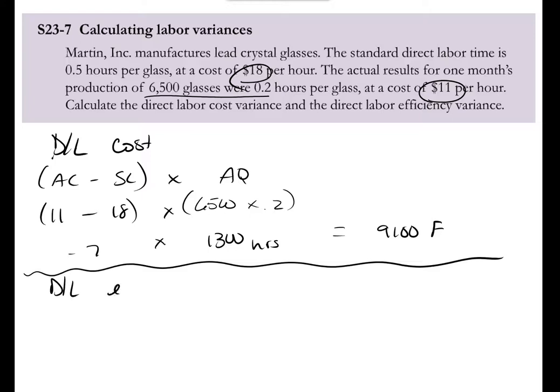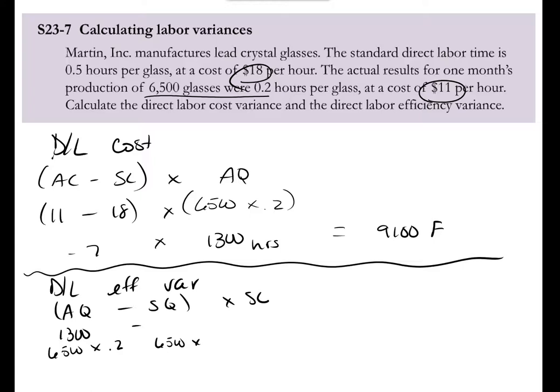For the direct labor efficiency variance, I've got the actual quantity minus the standard quantity times the standard cost. So I just said the actual quantity was 1,300 hours, right? Which is the 6,500 glasses times 0.2, minus the standard, which is 6,500 glasses times 0.5 hours per glass.